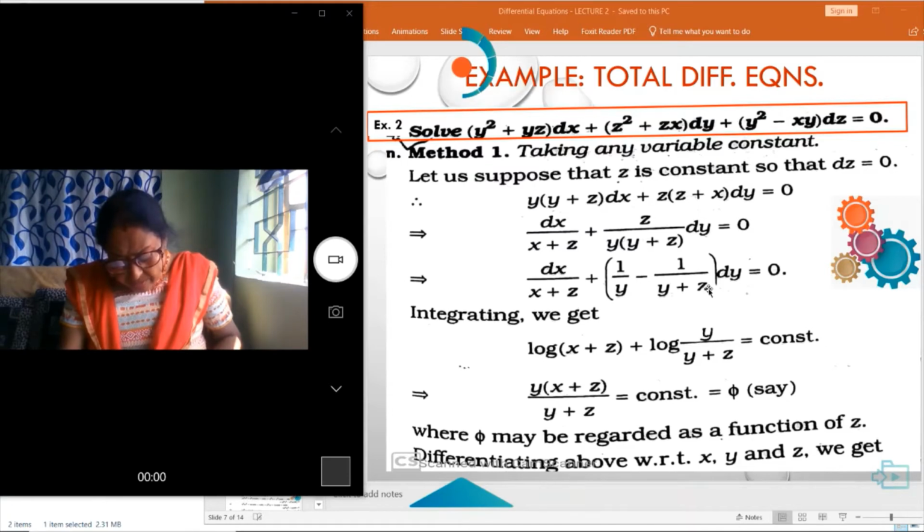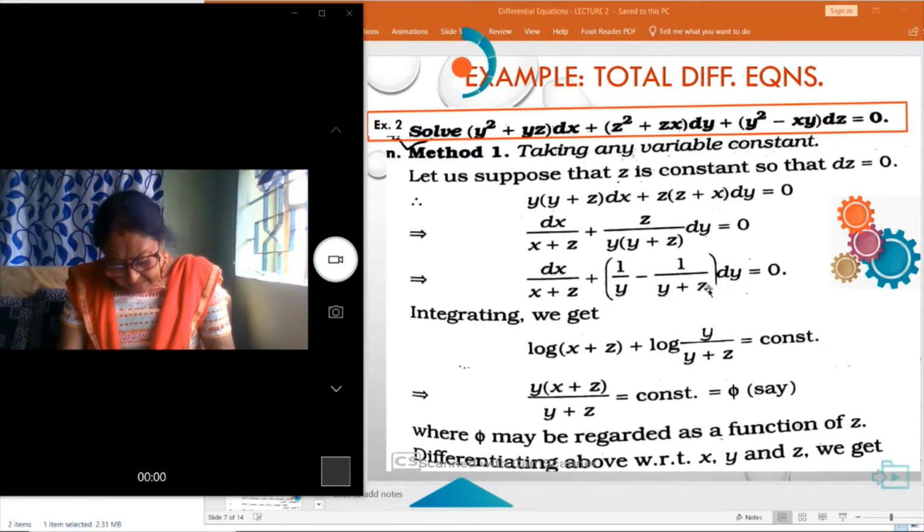So after calculating it, we get dx by (x plus z) minus z by (y plus z) into dy is equal to 0. Now again, z by (y plus z), after partial separation we can see whatever comes in this, and then integrating we get the result.